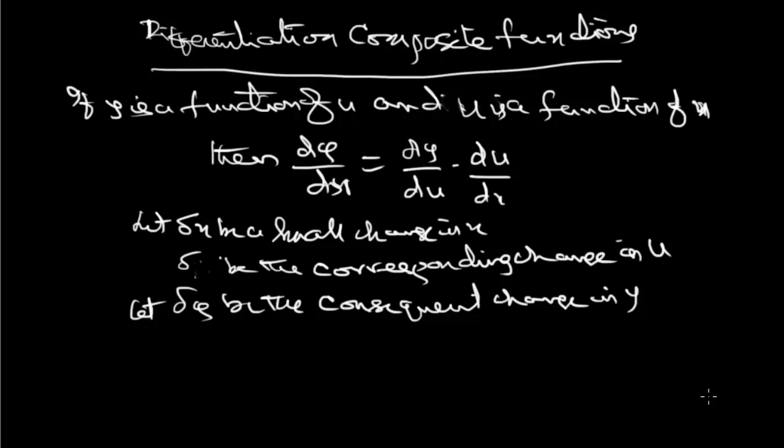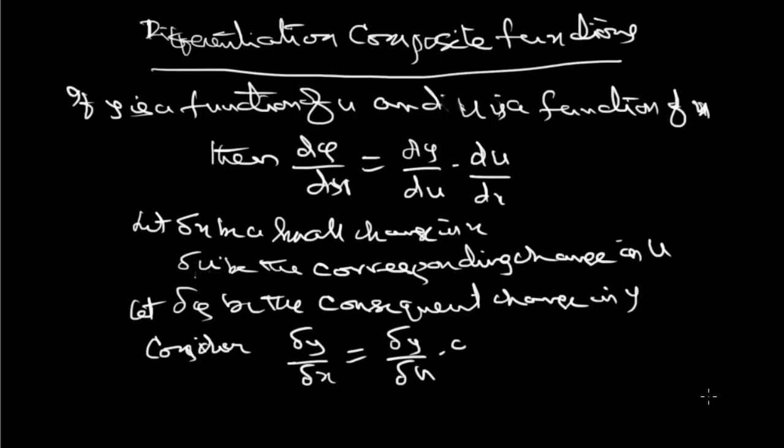Here it is delta u. Consider delta y by delta x. Now you divide by delta u and multiply by delta u: delta y by delta u into delta u by delta x. Now we take limits both sides, delta x tending to 0. So limit delta x tending to 0, delta y by delta x is equal to limit.